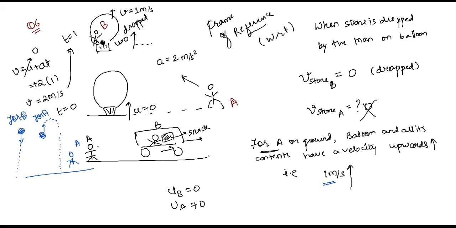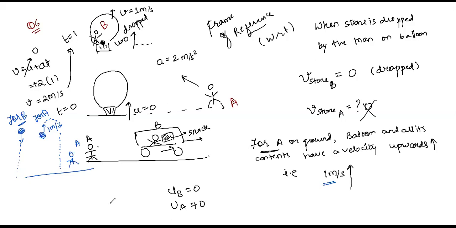The man on the balloon will feel the stone is coming down just in this direction, whereas the man who is on the ground will feel that the stone was going in the direction upwards with velocity 1 meter per second. It flew high to some height and then it is coming down. So this is the difference I wanted to bring into consideration for all of you.